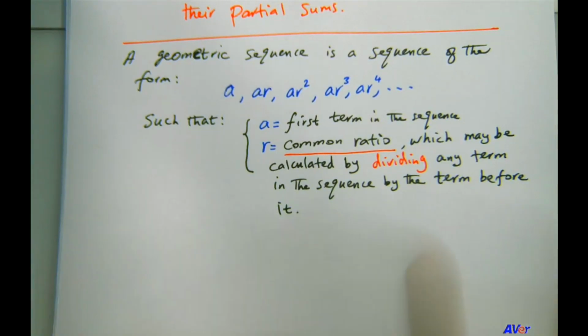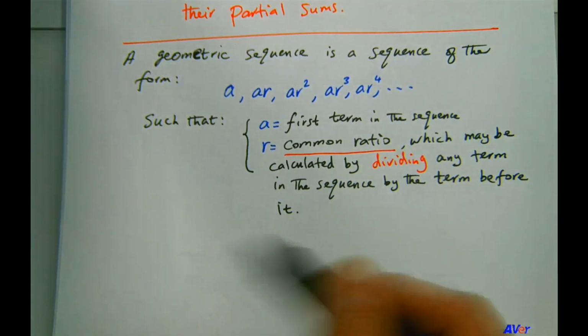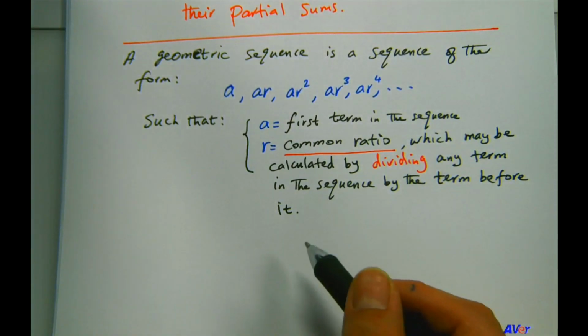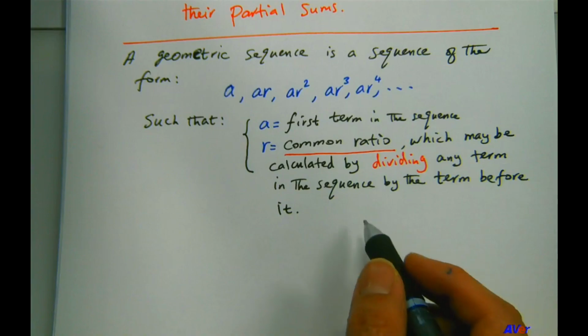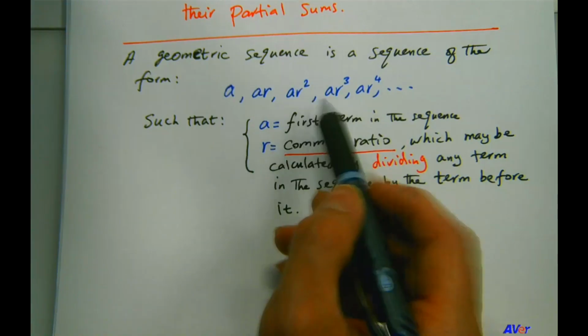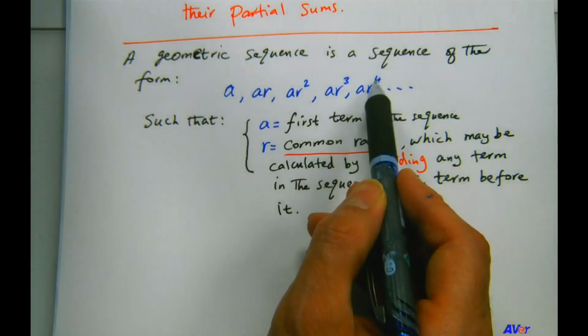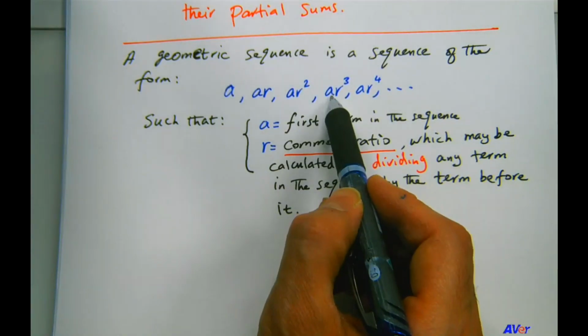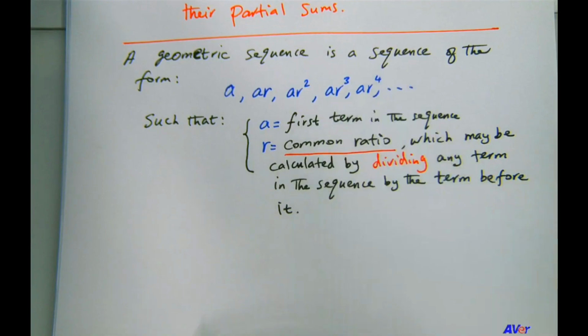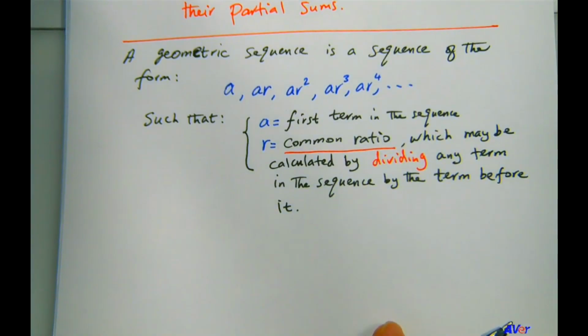It's going to be different for different geometric sequences, but within the same geometric sequence, it'll always be the same value. You can take any of these terms, say ar to the fourth power, and divide it by the term previous to it, and you're going to get the value of the common ratio.